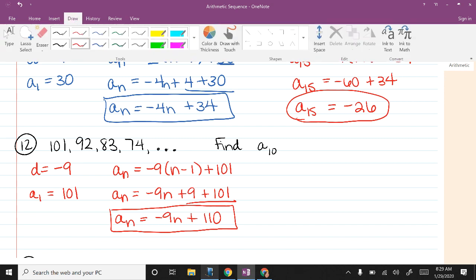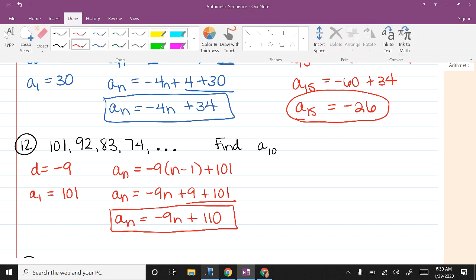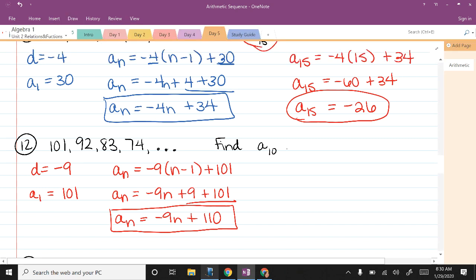Swap colors. All right, so now we're finding what term? A sub 10, so the 10th term, right? So A sub 10, I plug 10 for all my n's in the rule, is -9 times 10 plus 110. And then I do multiplying.